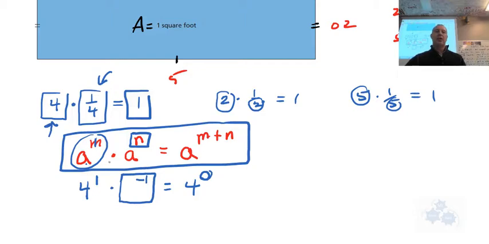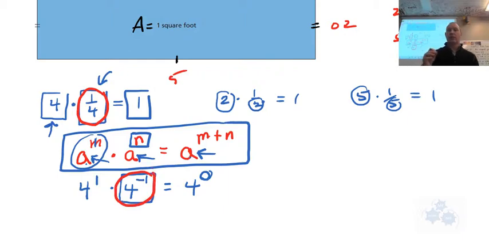And what's the other part of this rule? That all the bases have to be the exact what? Same. So guess what, guys? That's what this actually is. Right here. 4 to the negative 1 is actually the exact same as 1 over 4. Very important.